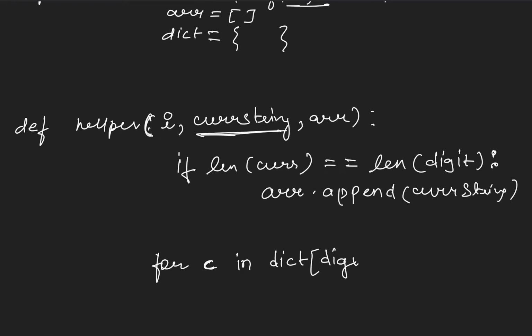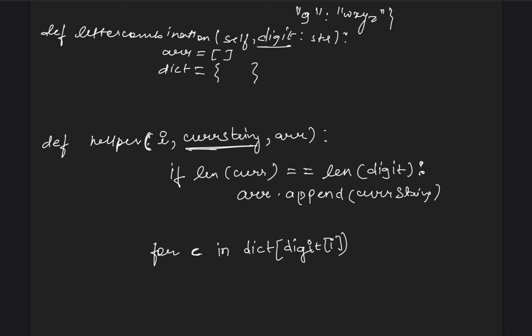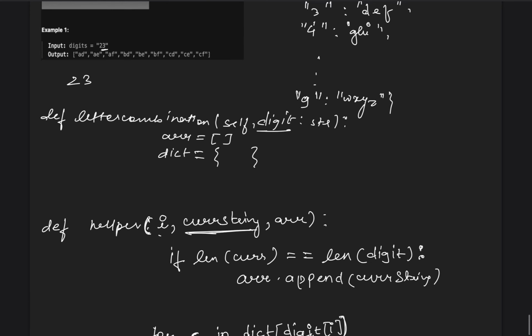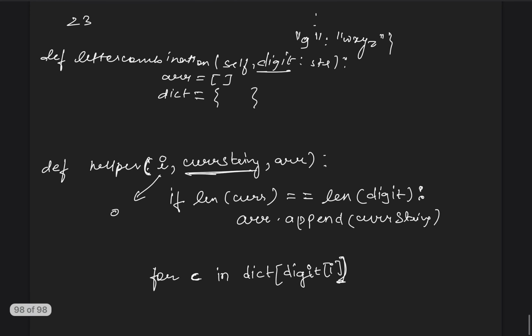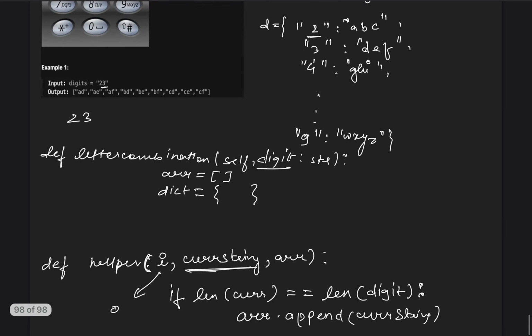In that dictionary I will be passing through this index, which currently I will be at the 0th index, so initially it has been sent as 0. So what is digits of 0? That is 2.